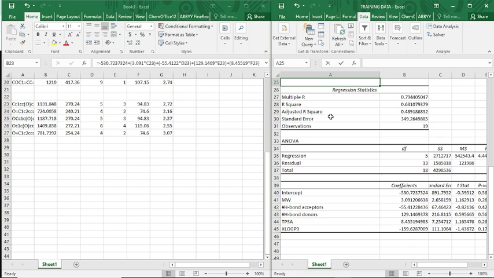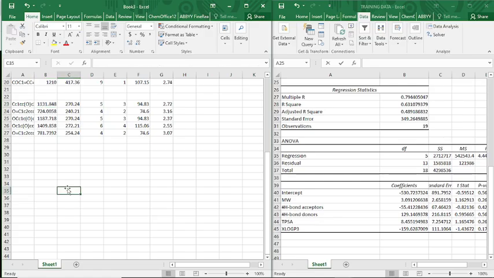So this is the model that has been built from regression, and we are using it to predict our own activity. Once you do that, you press enter. Automatically it will predict the outcome based on the constants generated from the training data. So that is it.